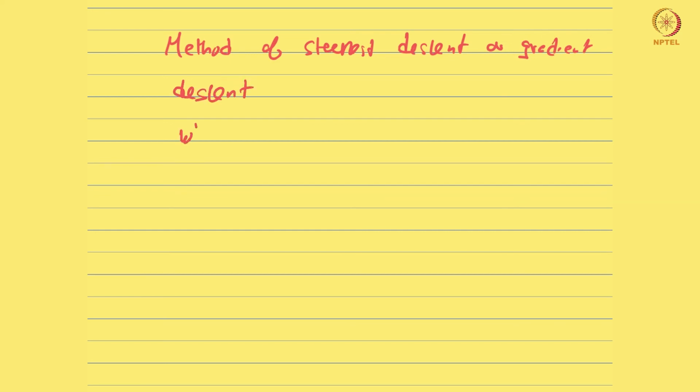So w prime, the new w, is your old w plus, minus, sorry, you have to move in the opposite direction, epsilon times the gradient of J of w. Where this epsilon is called the learning rate. Again, this notation might be different.